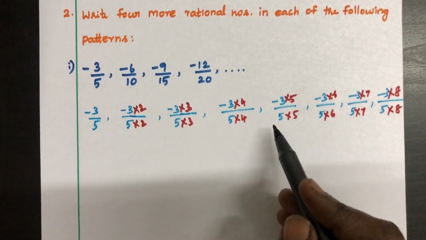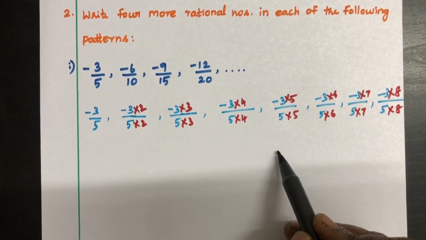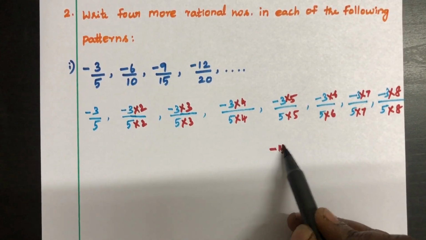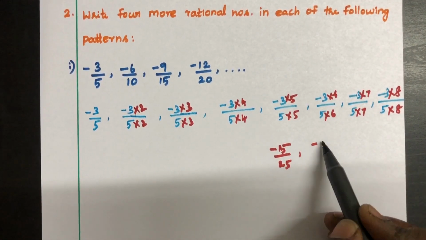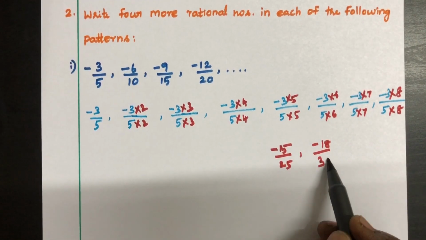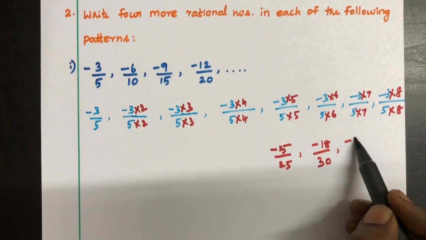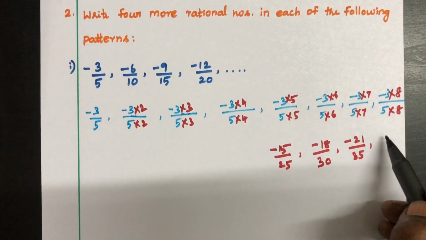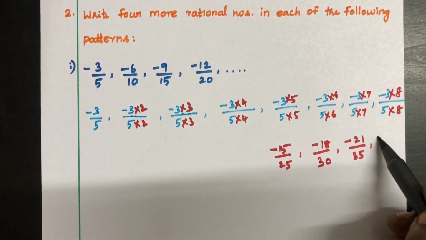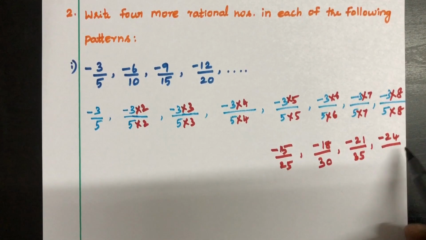Right? So what are they? This is minus 15 by 25, and this is minus 18 divided by 30. This is minus 21 divided by 35. Here minus 24 divided by 40.